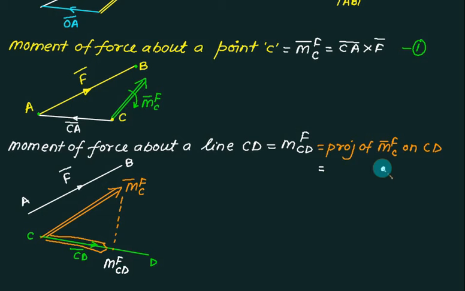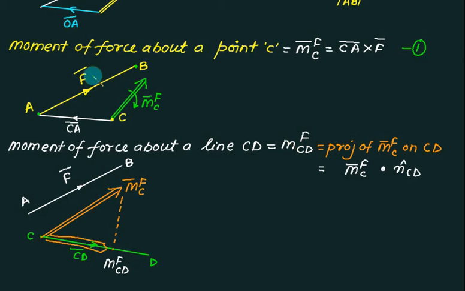Projection is the dot product of the quantity, as it is, on the unit vector. So you can write this quantity as the moment of force about C dotted with the unit vector along CD.